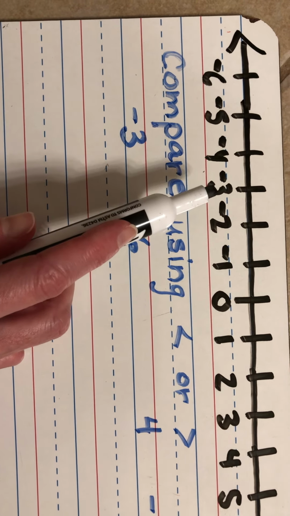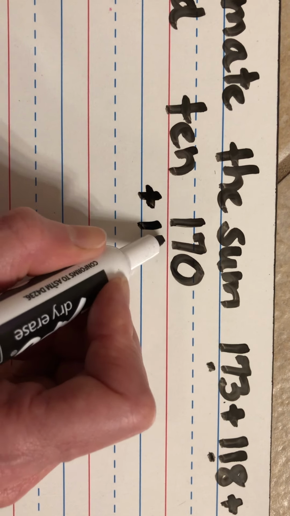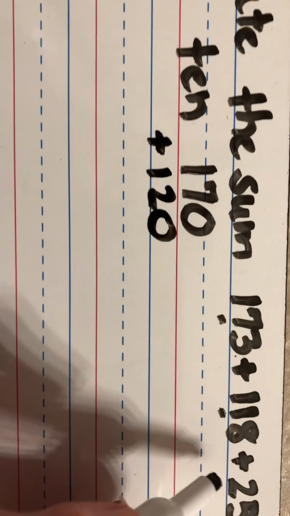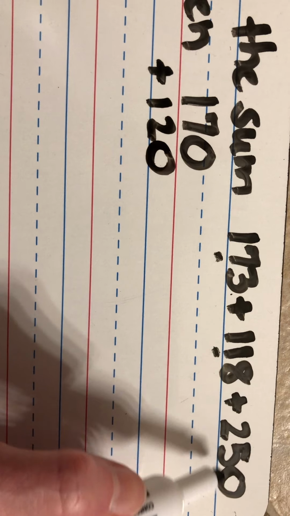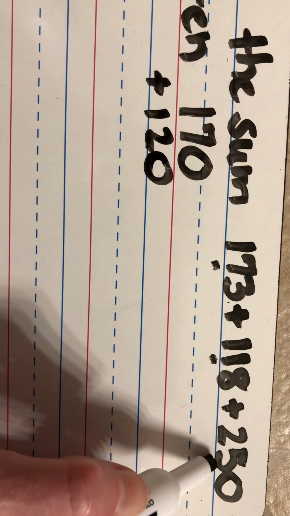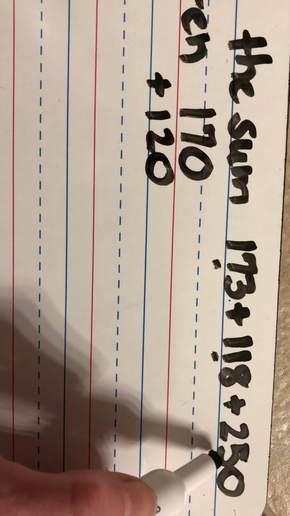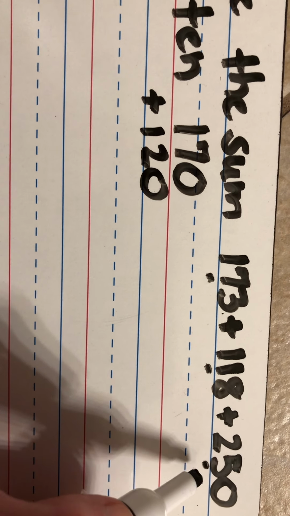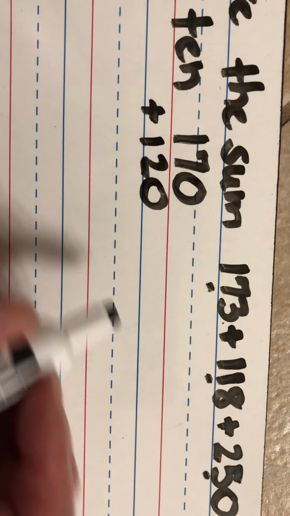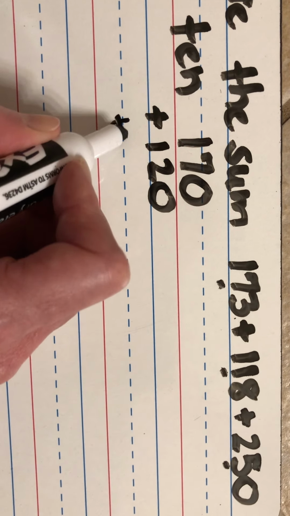Is 118, I'm looking at the digit in the tens place, is 18 closer to 10 or 20? It's closer to 20. So it's 120. Then for 250, I'm looking at this digit here. It's already rounded to the nearest 10, which is 50. Is 50 closer to 50 or 60? Well, obviously it's closer to 50 because that's what it is.